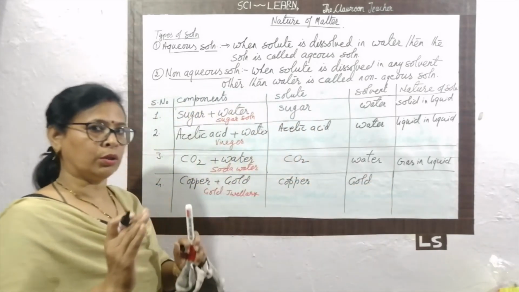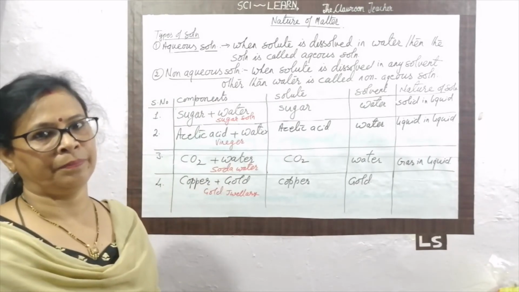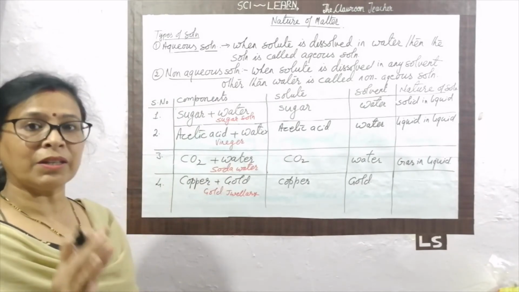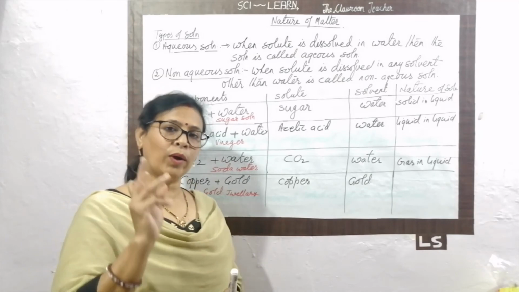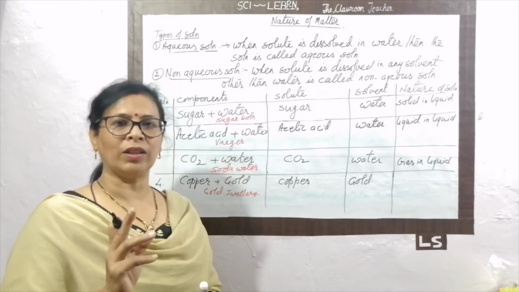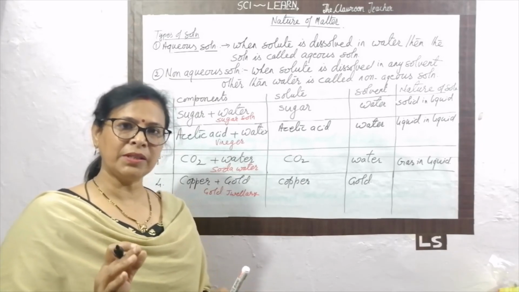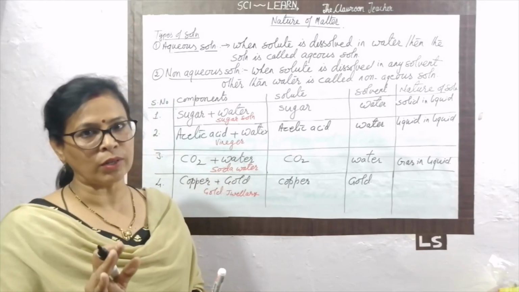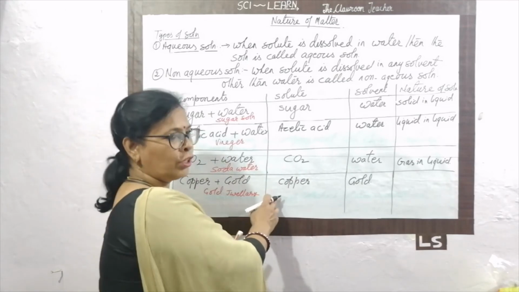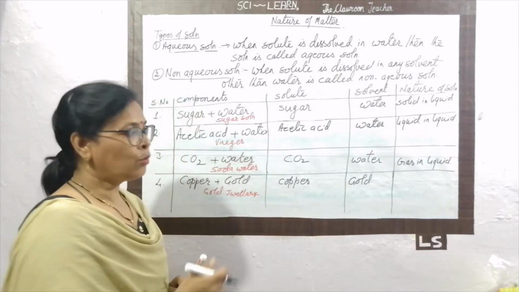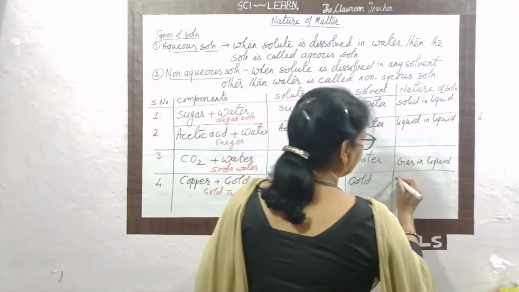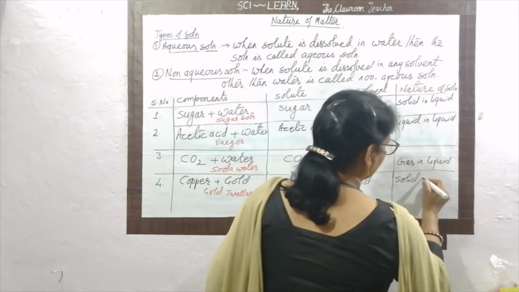We know that both copper and gold are metals, and both are in the solid state, because only one metal is in the liquid state, that is mercury. No metal is in the gaseous state. It means all the metals are in the solid state. Copper is solid, gold is solid. So what is the combination here? It is solid in solid.